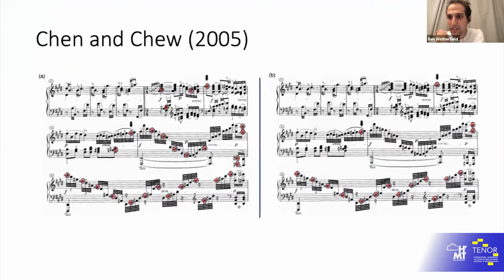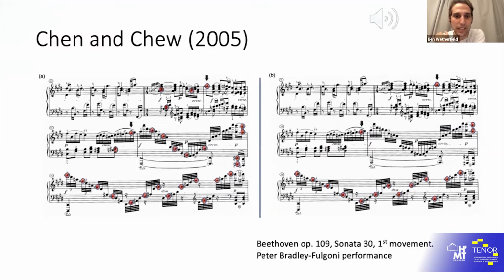So there's an illustrious history of work in this field. I'm most certainly not the first person to try to come up with a pitch spelling algorithm. Chen and Chu had a nice diagram from their paper. And I have some music here. I wonder if it'll play.